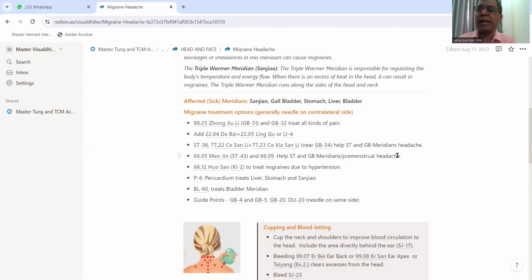If a female patient tells you that when her period is about to come, her headache starts, these points are very useful to manage it: 66.05 and 66.09.